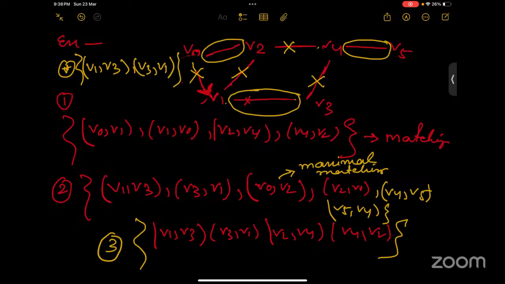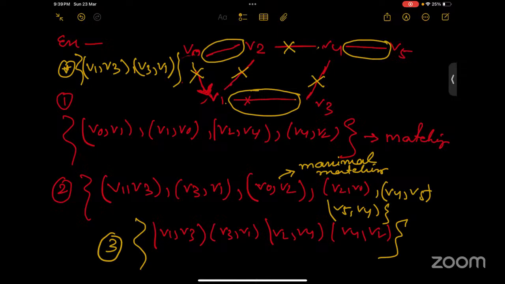Because there can be another set, another representation, which has the same cardinality. That means it is not the unique set. There can be another set, but the cardinality will be 6. That is why we use maximal, not maximum. Okay? Clear? Is it clear to all of you?